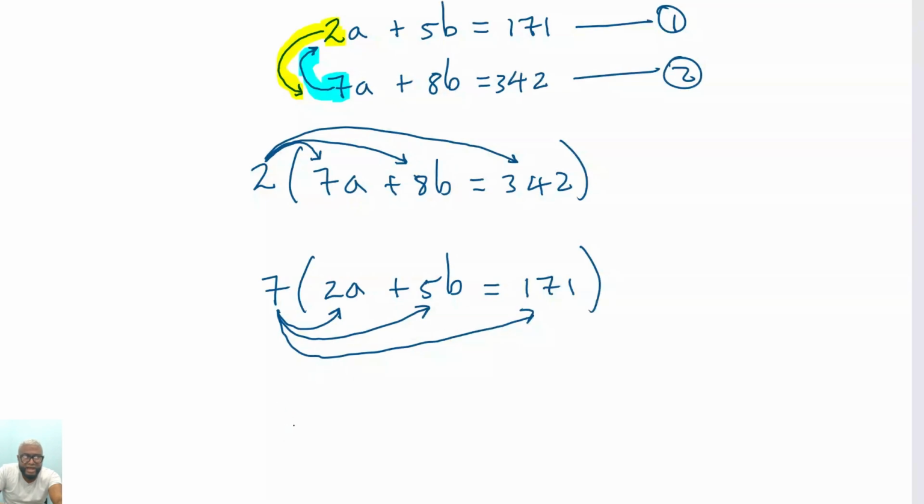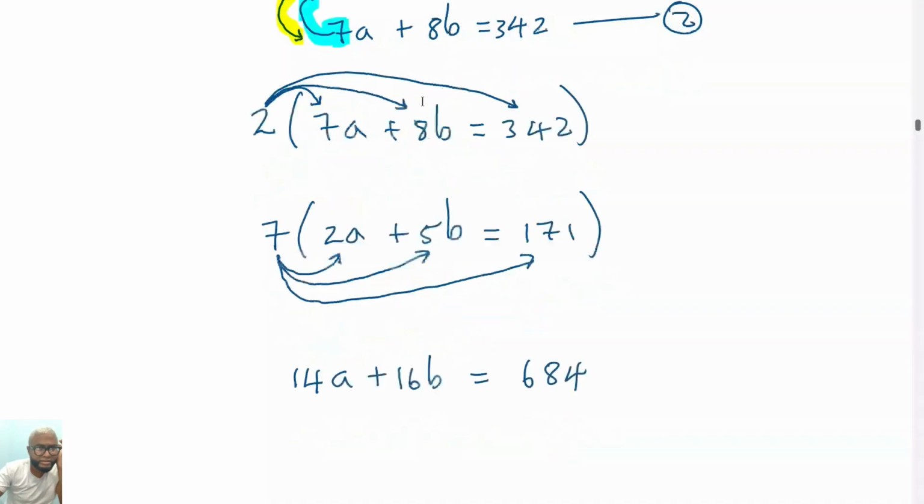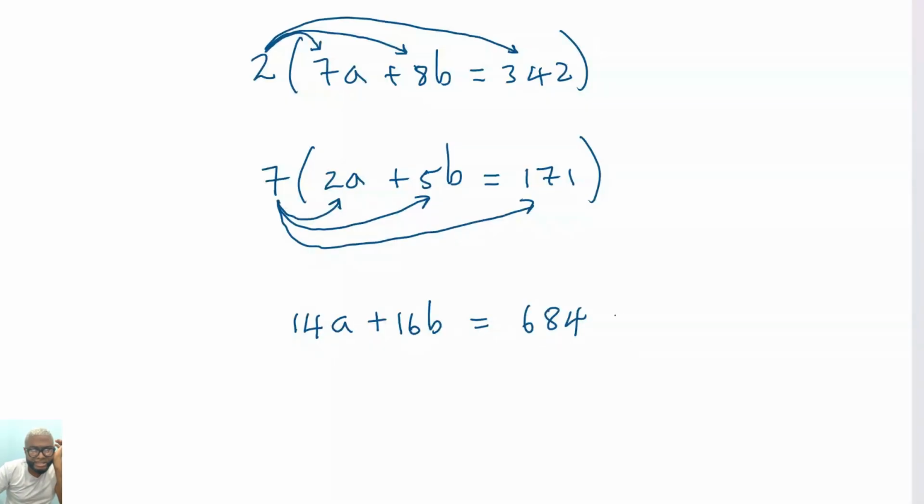So 7 2s are 14. We have 14A. Then 2 by 8 is 16B. 2 by 342 is what? You get 684. This will be equation 3.